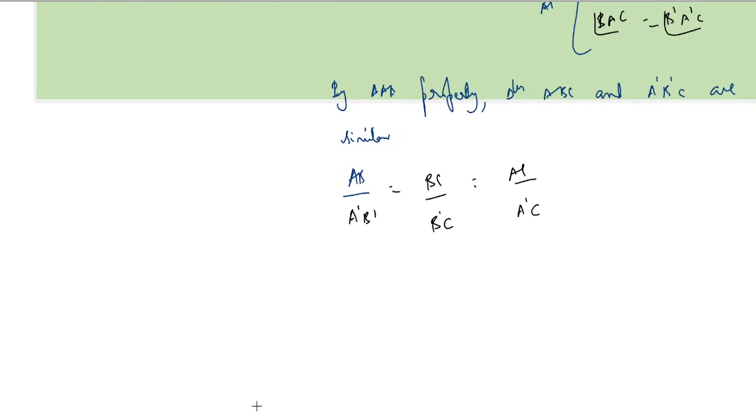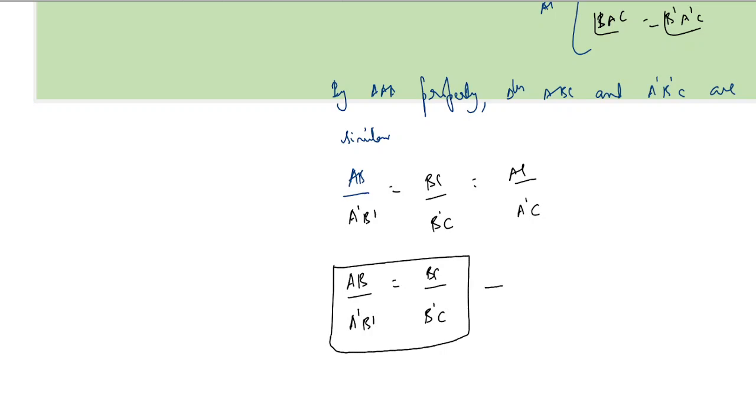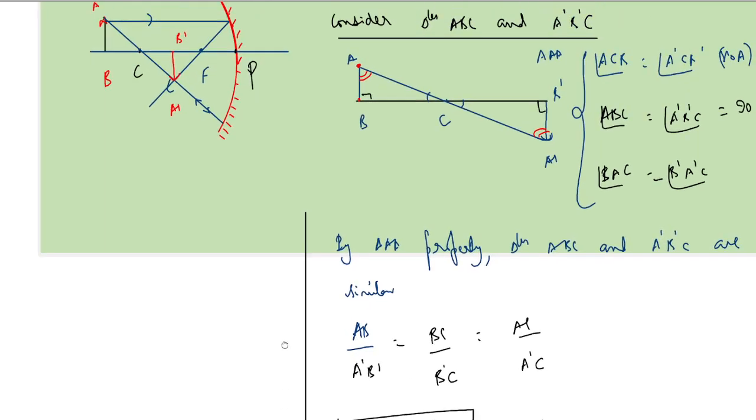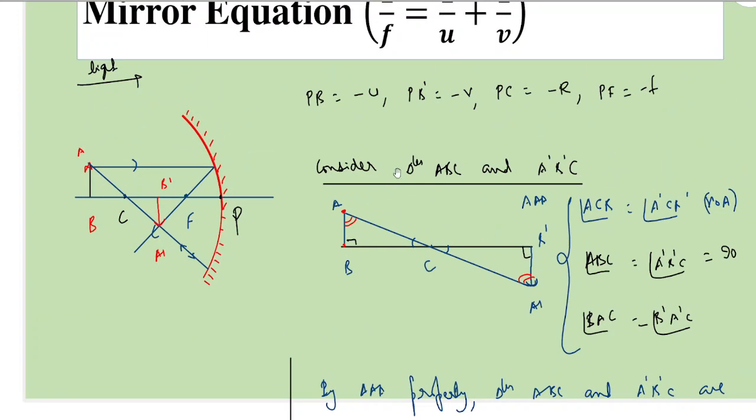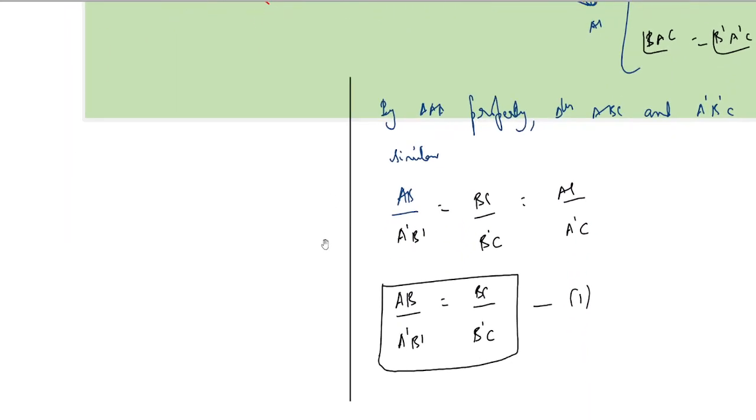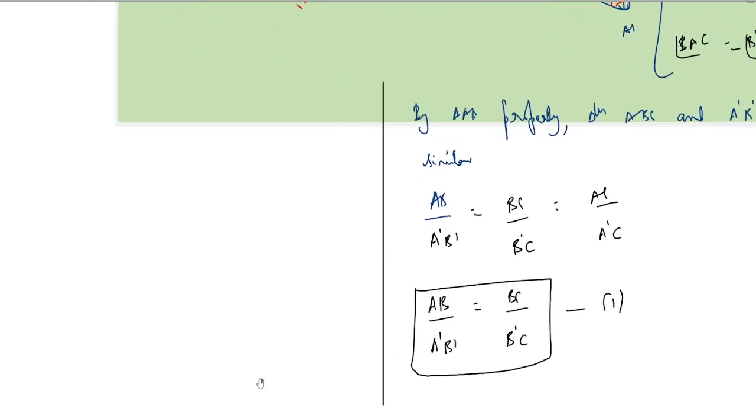We look at the first two terms, that is AB by A dash B dash is equal to BC by B dash C. We are dropping the side with the hypotenuse. Remember that. We will call this equation 1. We are doing this exercise because we want to write in terms of P, because the reference point is P. So we need to express this AB in terms of P only.